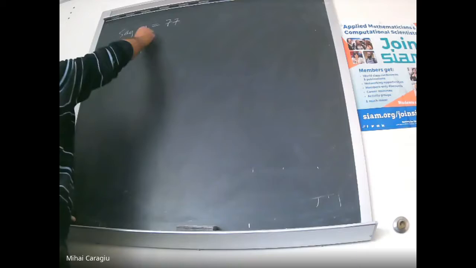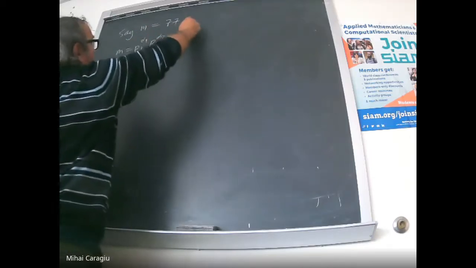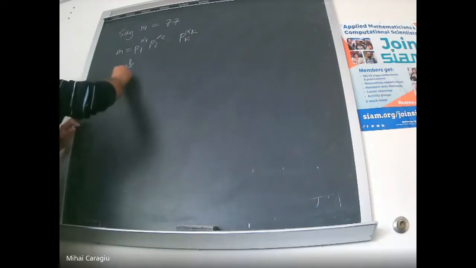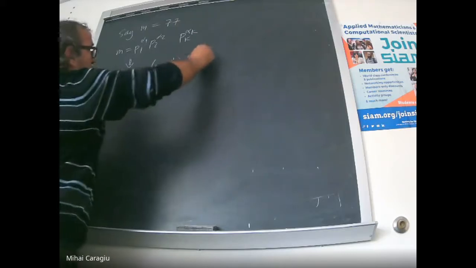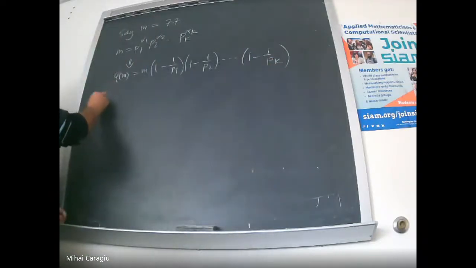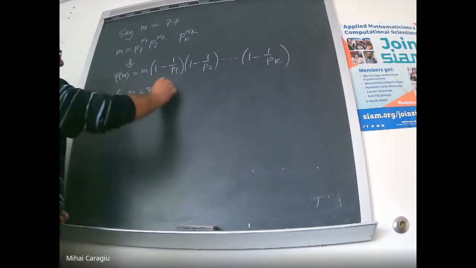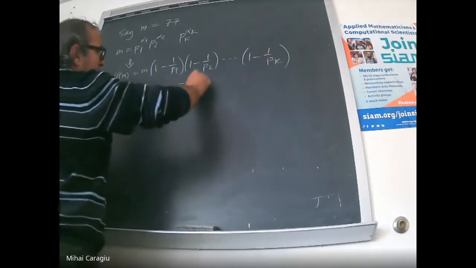If n equals p1 to the power alpha 1, p2 to the power alpha 2, through pk to the power alpha k, let's say this is the prime factorization of n, then phi of n equals n times 1 minus 1 over p1, times 1 minus 1 over p2, all the way to 1 minus 1 over pk. So in this case, if n equals 77, the prime factorization of 77 is 7 times 11.